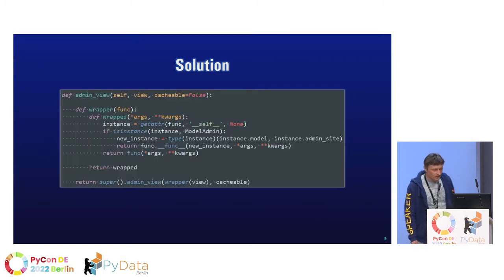For example, if I receive a bound method from the instance, which is a singleton, I can create a new instance, and I can return the function from the new instance for every request. It means we have already solved the big problem of Django admin. Now the instance is no longer a singleton, and we can use this instance as a container for our values.